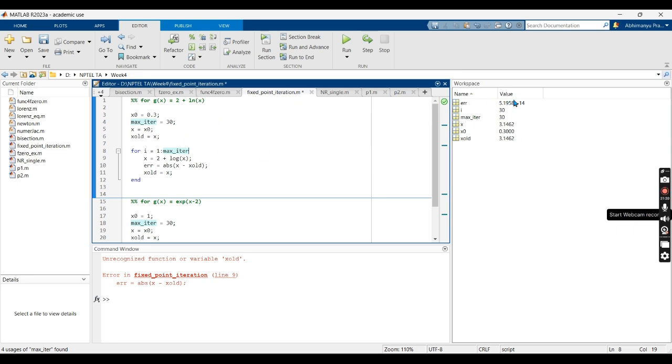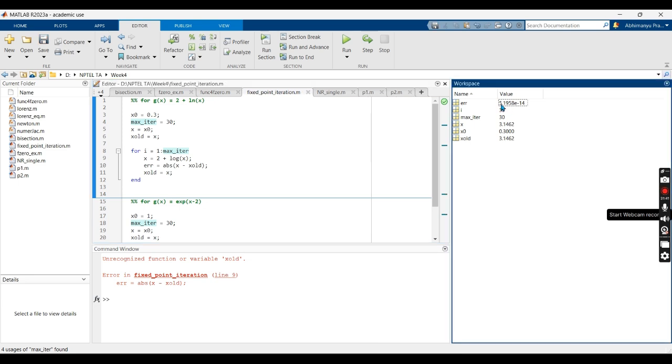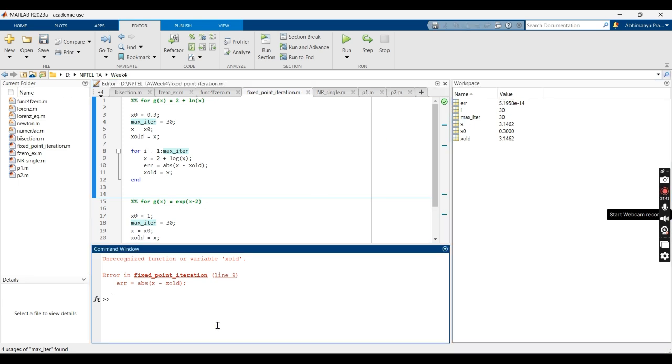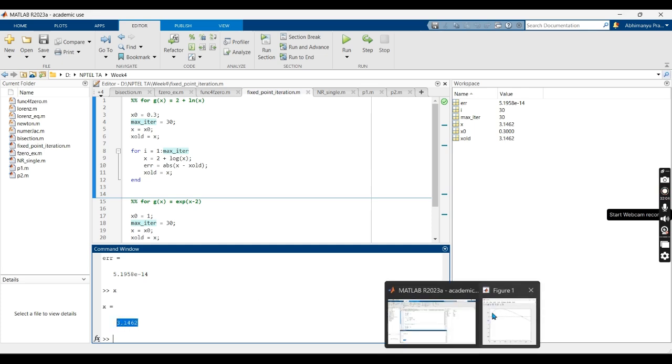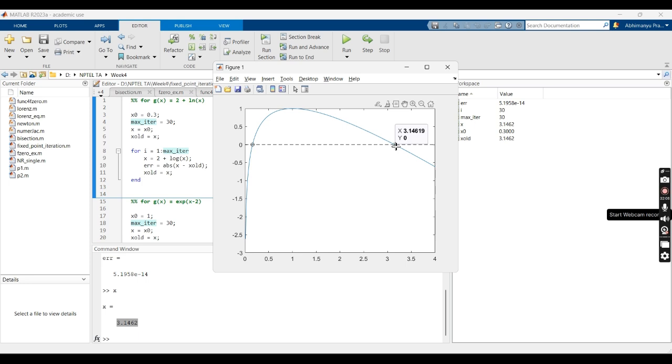You can see that at the end of 30 iterations, my error is in the order of 10 to the power minus 14. That means the change in x is close to 0. And if I check my x value, this is 3.1462, which is the second root of this problem, right?